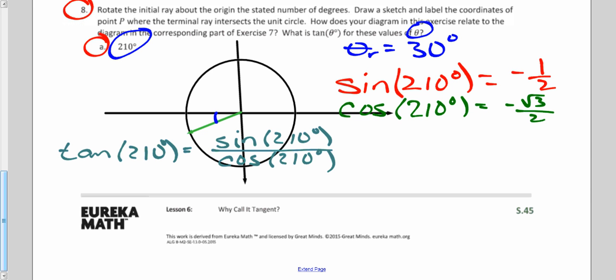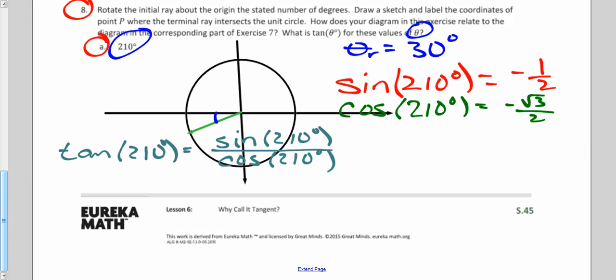I need to distinguish between degrees and radians, and I do that by putting a little degree sign above the number. There is nothing for radians. So if you write just 210, I think 210 radians, which is vastly different than 210 degrees. So make sure you put in the degree sign.